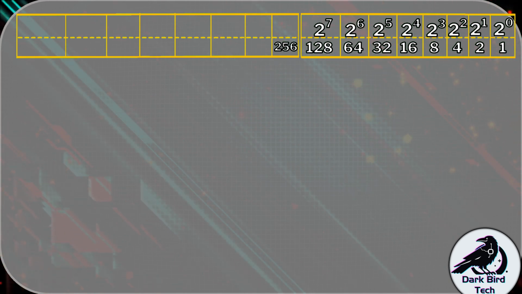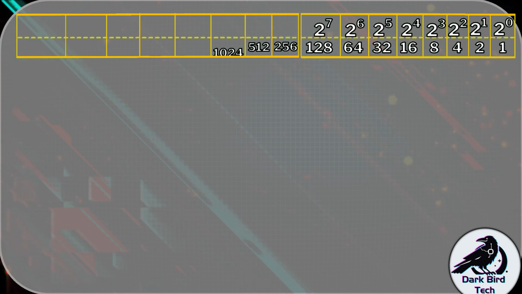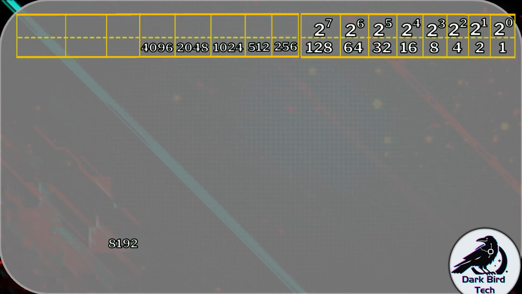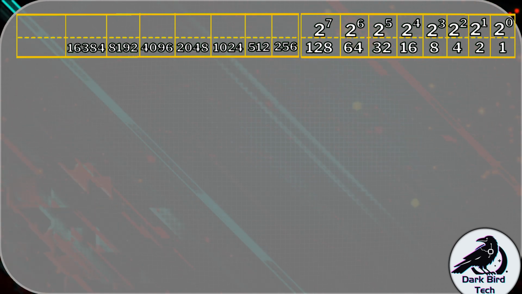Now this time we're actually going to go a bit further. 128 times 2 is 256. 256 times 2 is 512. 512 times 2 is 1024. 2048. 4096. 8192. 16,384. And 32,768.